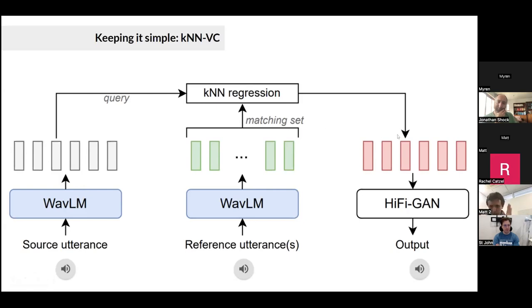Then we concatenate all of those replacements together, getting this output feature sequence, and we vocode that back to a waveform using a pre-trained vocoder. And that's the entire model. We don't exactly replace it with the nearest one; we find the K nearest neighbors and take the average. It's k-nearest neighbors regression. And this is our model.